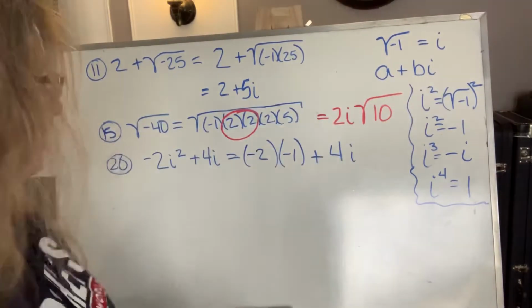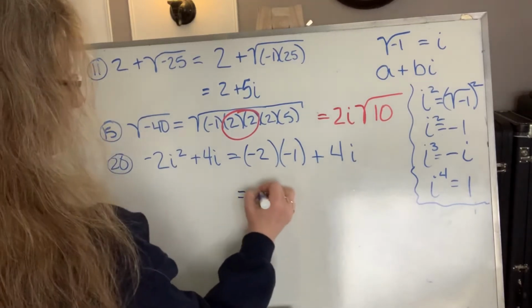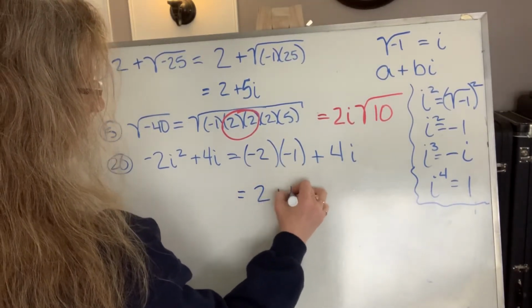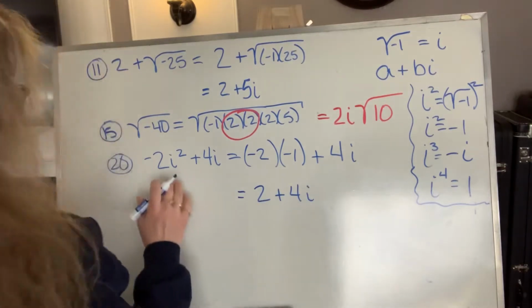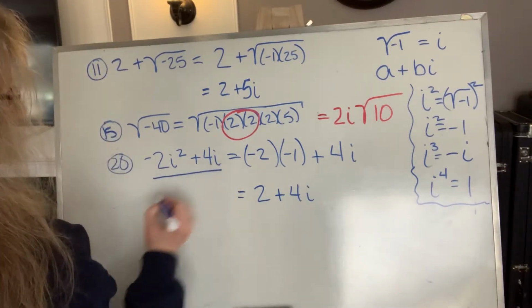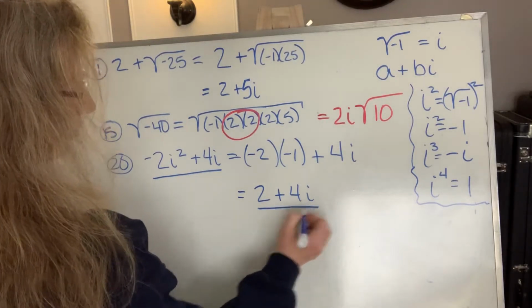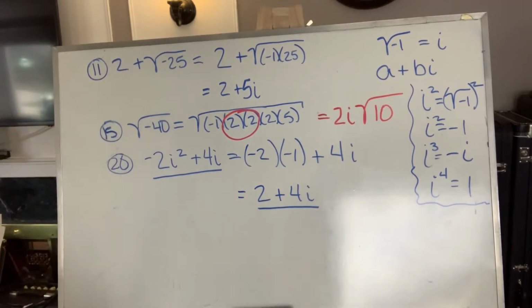It doesn't have to, but it can. So I have -2 times -1. That's a +2 plus 4i. So this original expression can simplify to 2 plus 4i. Okay, so that's the practice we need to get under our belt first. But let's move on.